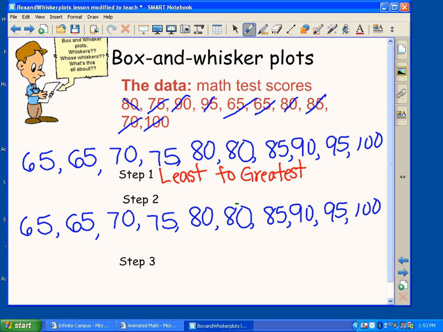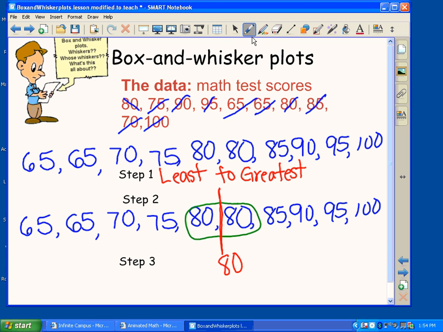Does everybody agree? What do I do if there's two? Add them and divide by 2. Okay, so if I add them and divide by 2, what do I get? 80. So the median is not one of these 80s. It's 80 in the middle. So here is the 80 that's in the middle, right there.